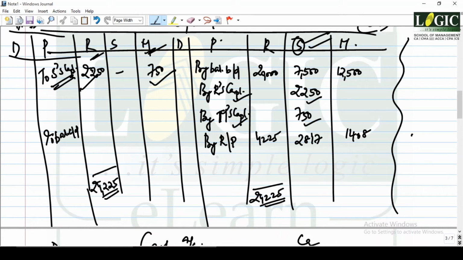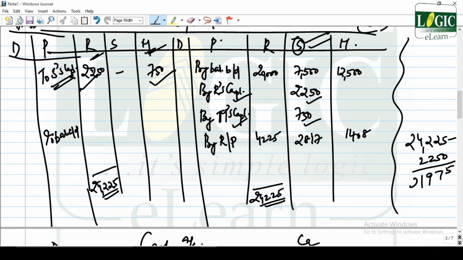What is the balance? 24,225 minus 2250, that is 21,975. You balance him 21,975.